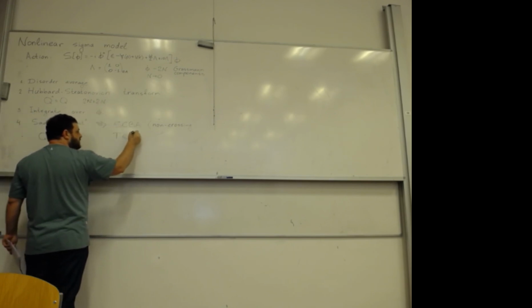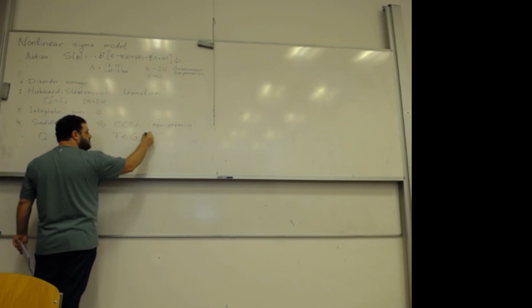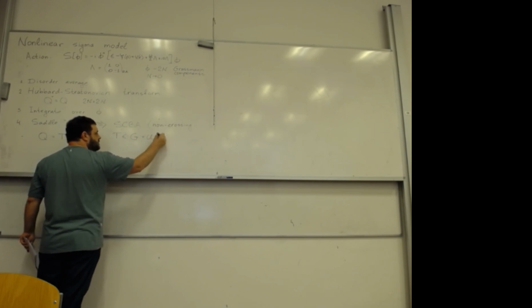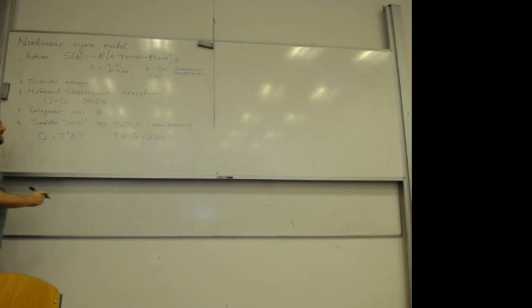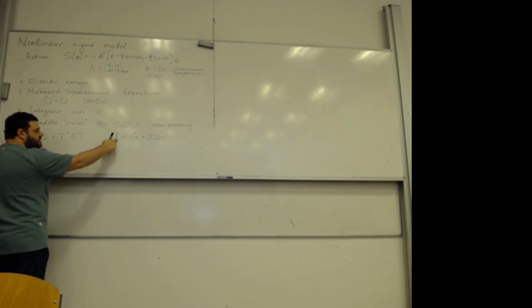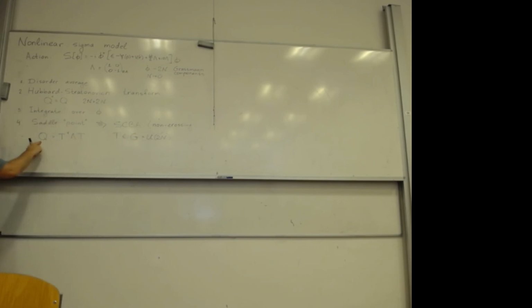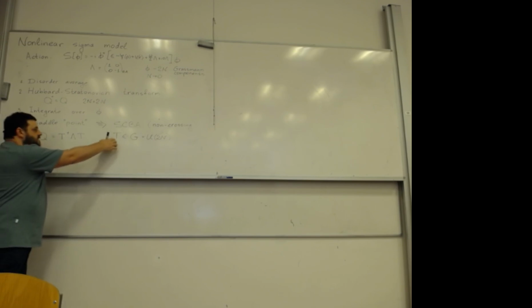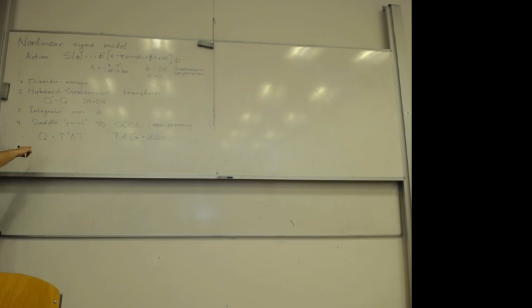T belongs to the group G, the unitary group of size 2n. For each unitary matrix T, we can construct a Q matrix with this formula. But it turns out that different matrices T can end up with the same matrix Q. So there is some redundancy.